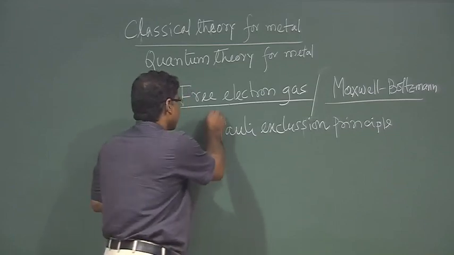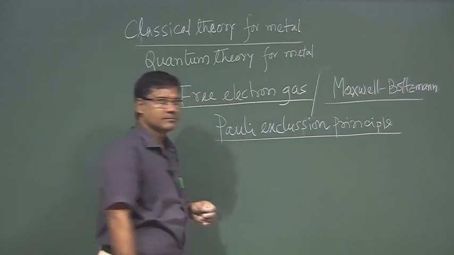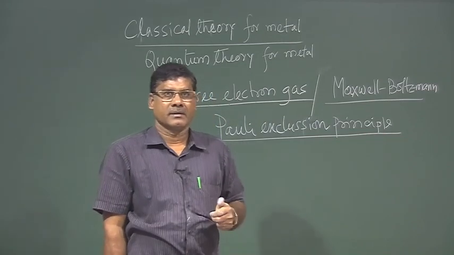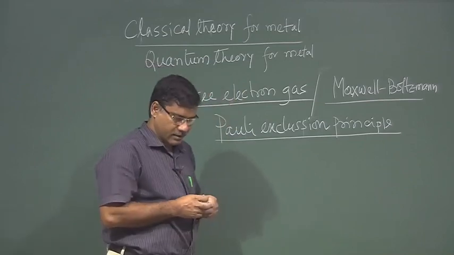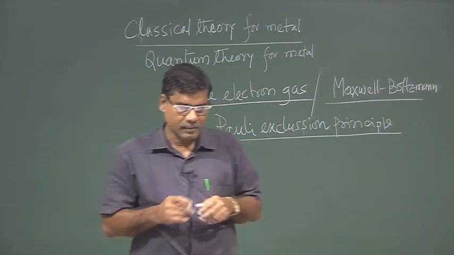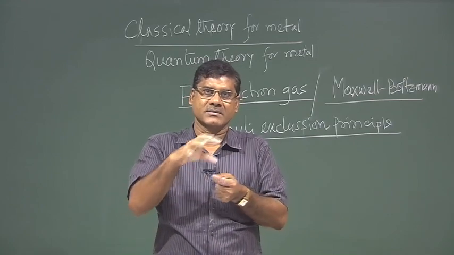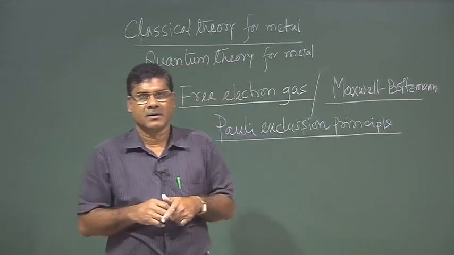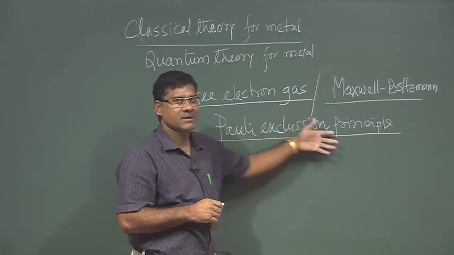So, this Pauli exclusion principle is very important, and you have seen this when I taught you about the atom. These electrons are distributed among the orbits or orbitals. It strictly follows the Pauli exclusion principle.